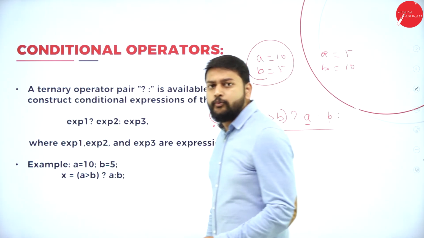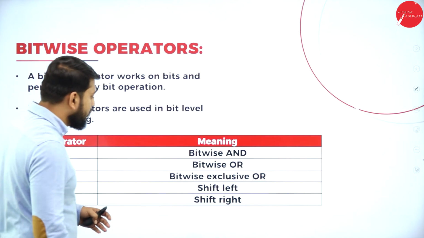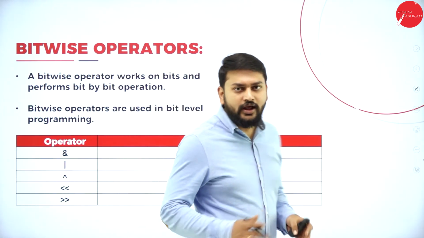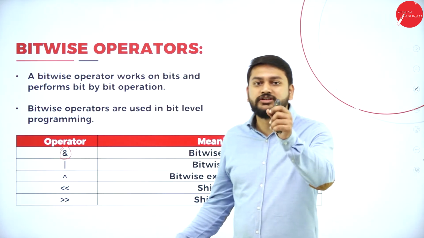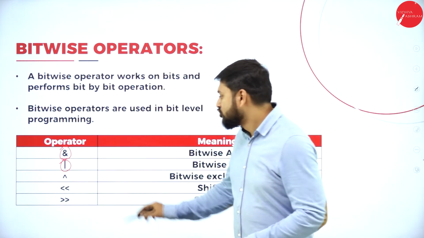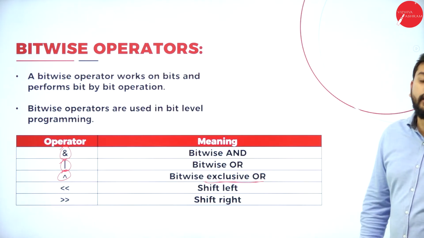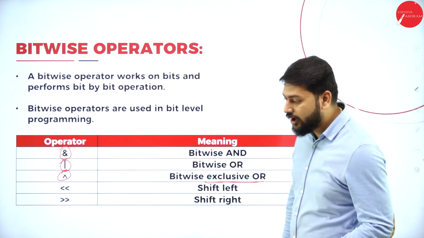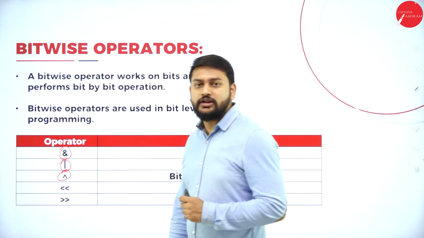So fine. Moving on to the next one, we have the bitwise operators. Guys, very important. I think we have already discussed the AND operation. What we have discussed in the logical AND is the same, and the same for logical OR. Please understand, this is the bitwise exclusive OR. Before I get into this, let me tell you one thing.